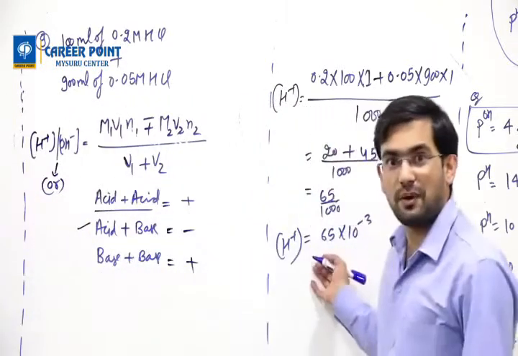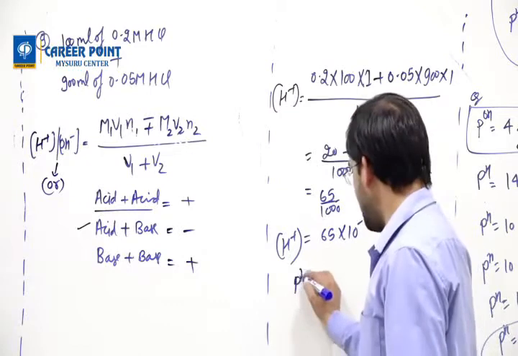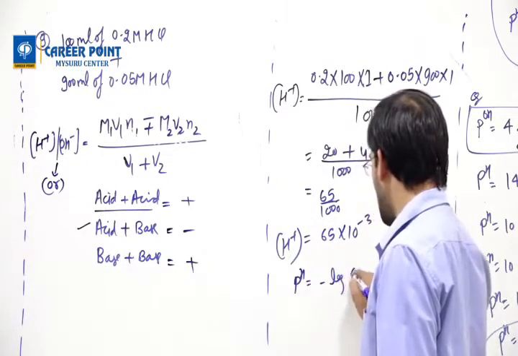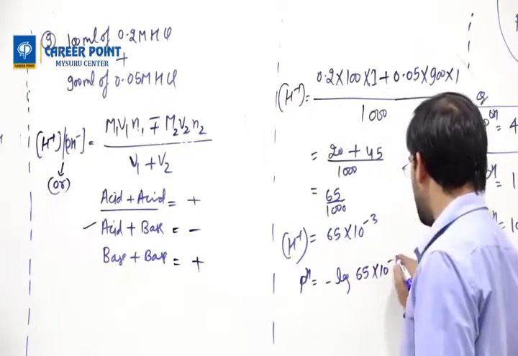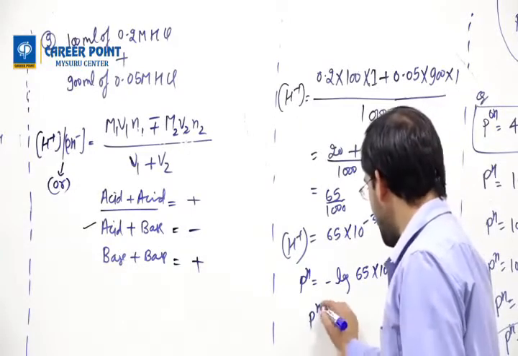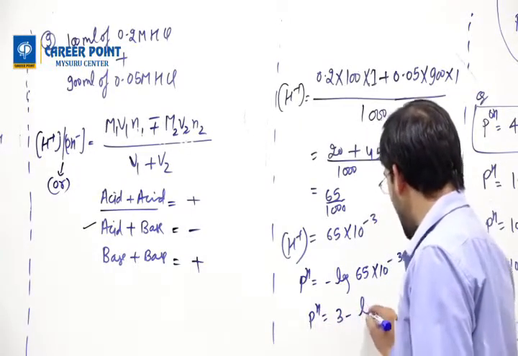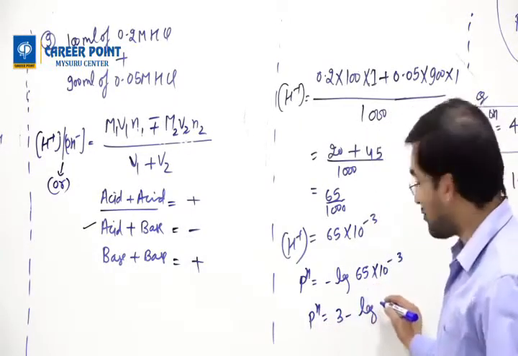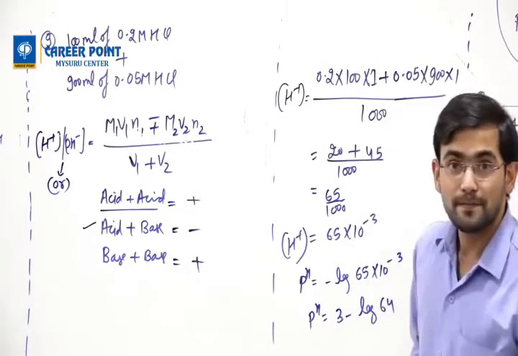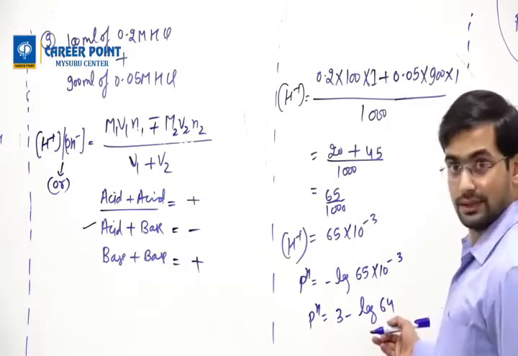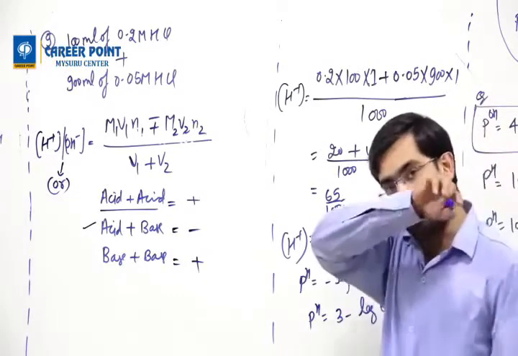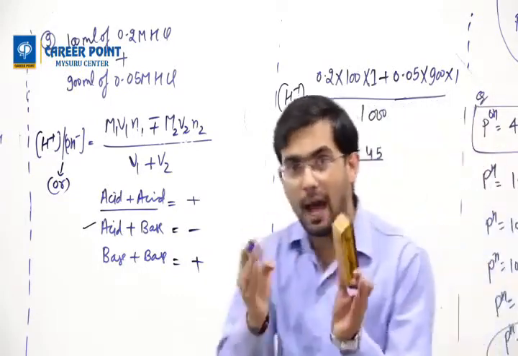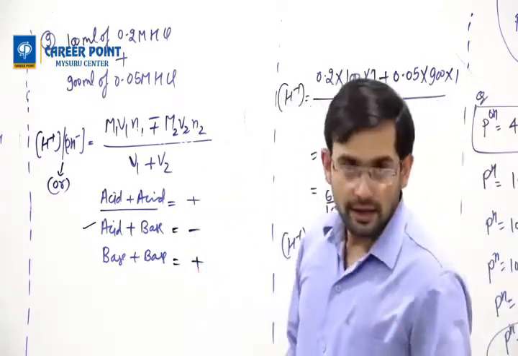Once I get H plus, it is an easy job. pH equals minus log of 65 into 10 power minus 3. pH equals 3 minus log 65, I could write it as 64. Don't write 70, you can write 64 also. The lesser the gap, the more accurate the answer.